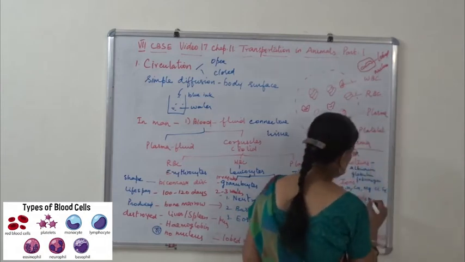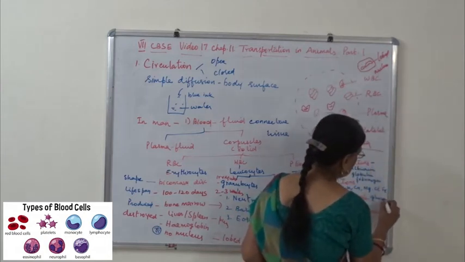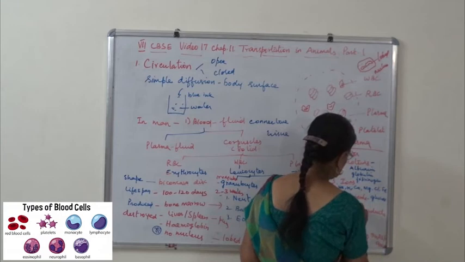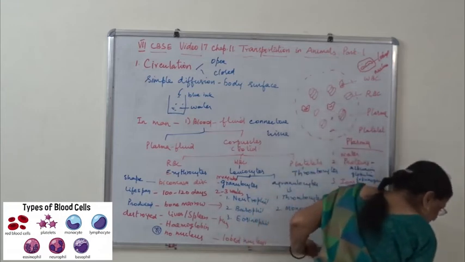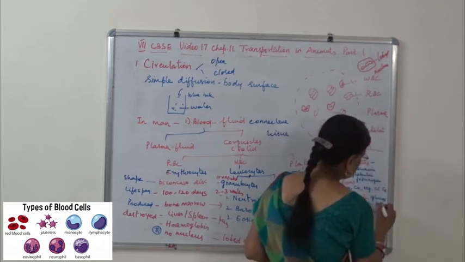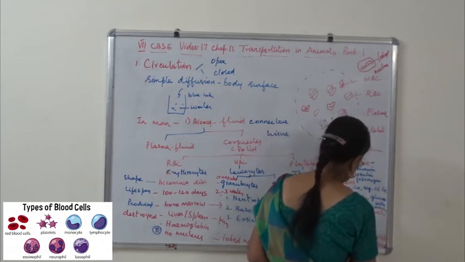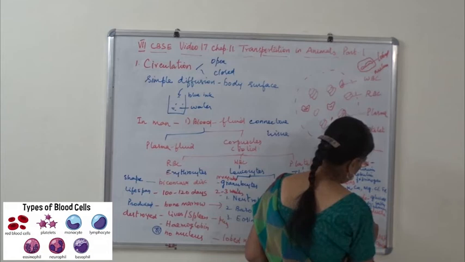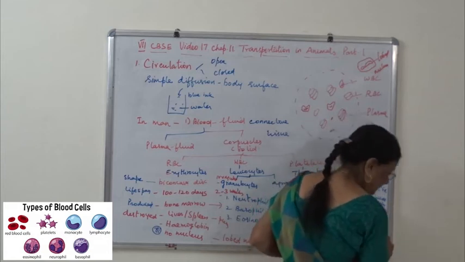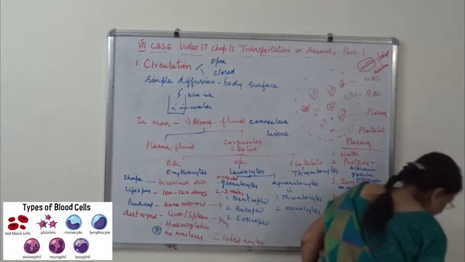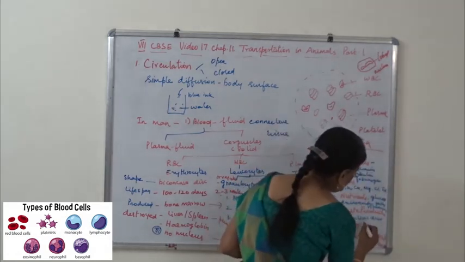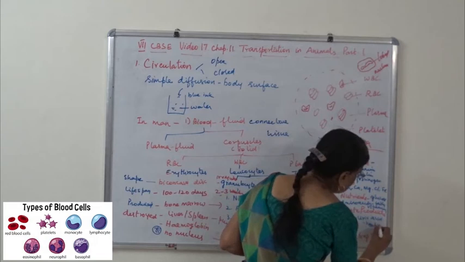Nutrients: glucose, amino acids, fatty substances, vitamins and minerals. Waste products: urea, uric acid, creatinine, most important, creatinine.